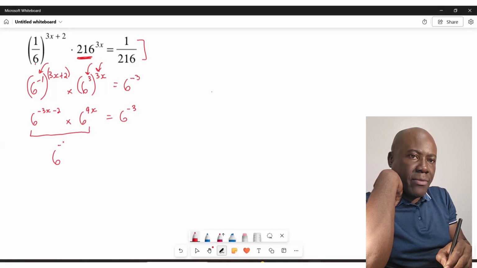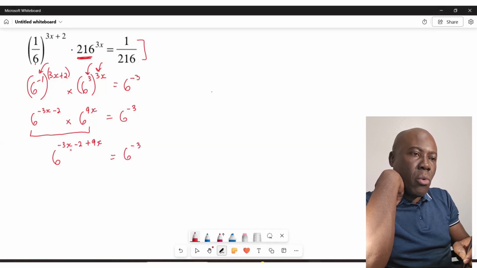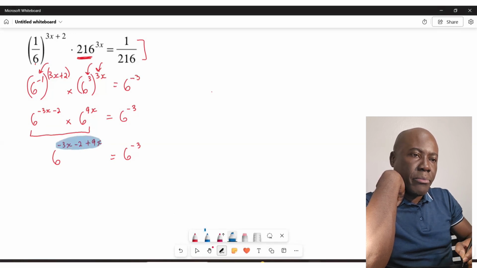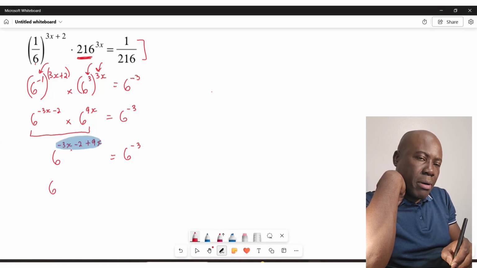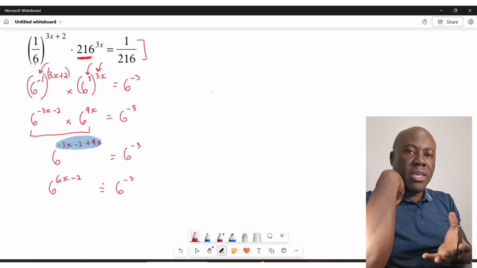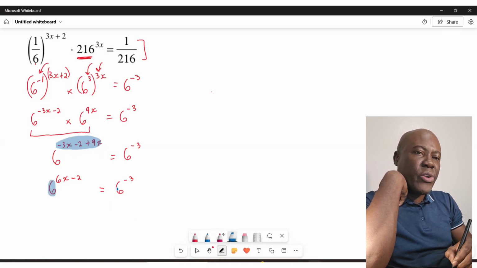For example, negative 3x minus 2 will be added to 9x, and this is equal to 6 raised to the negative 3. Now let's simplify. Negative 3x with a positive 9x gives me a positive 6x minus 2, and this is equal to 6 raised to the negative 3.